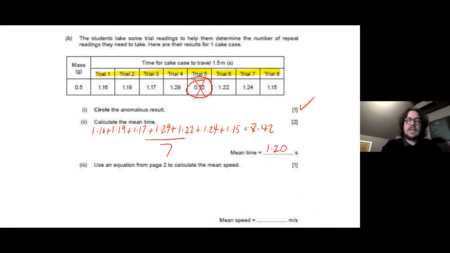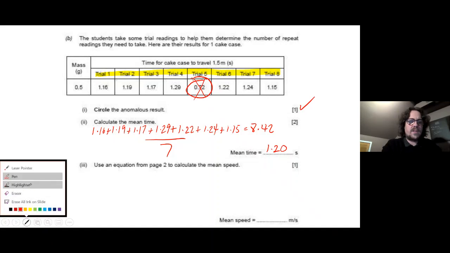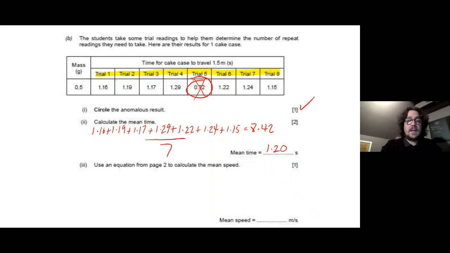Well, the mean speed, let's think about the information we have here. This is more of a mathematical skill question rather than a practically based or investigative skills question, but we've got the time it takes for them to fall 1.5 meters. This is the time we've determined. So we can use the equation, speed equals distance over time.